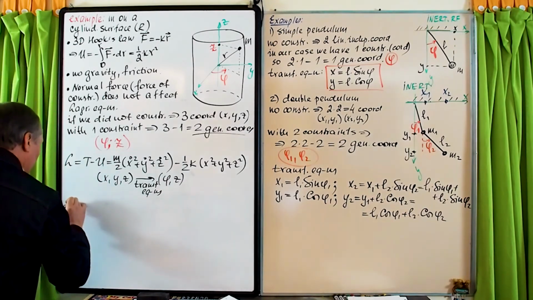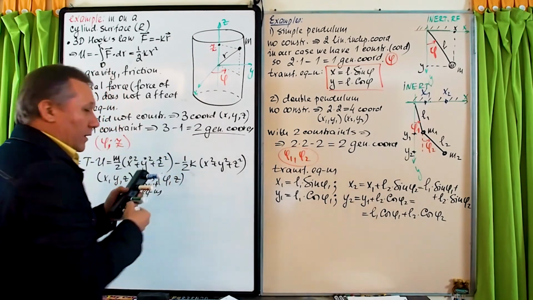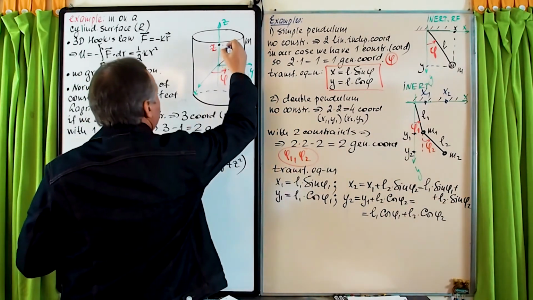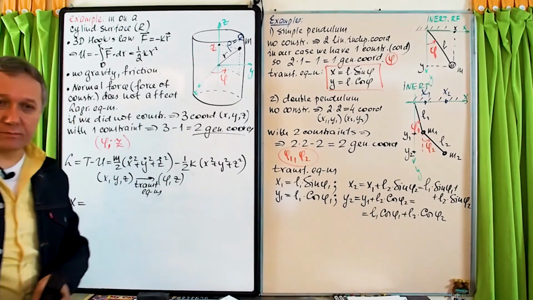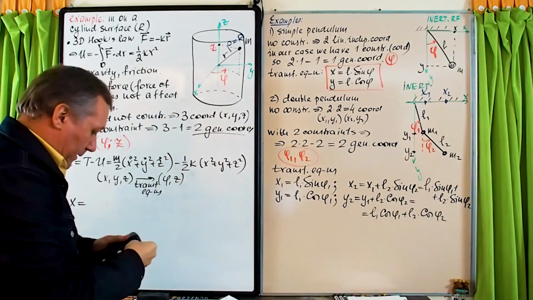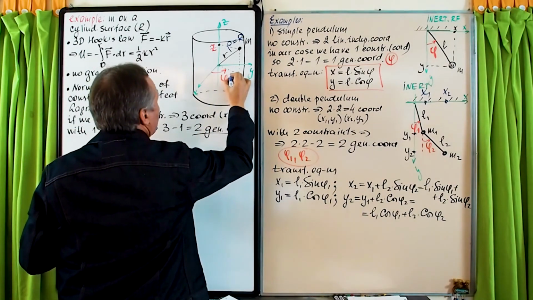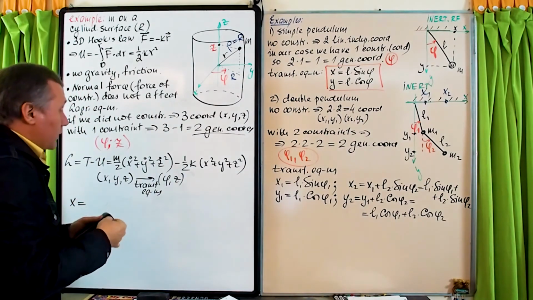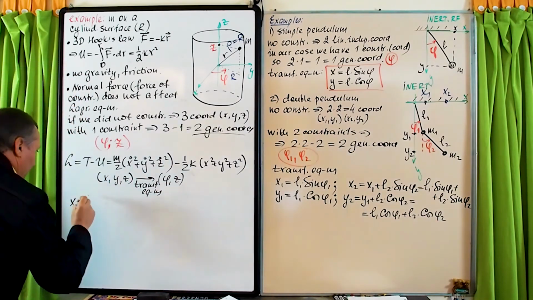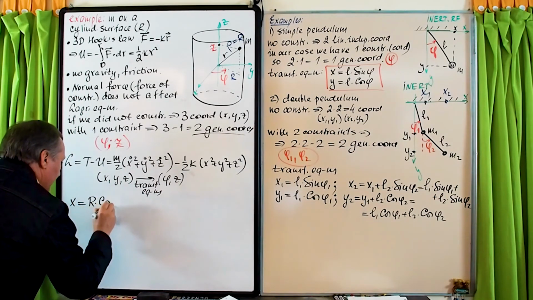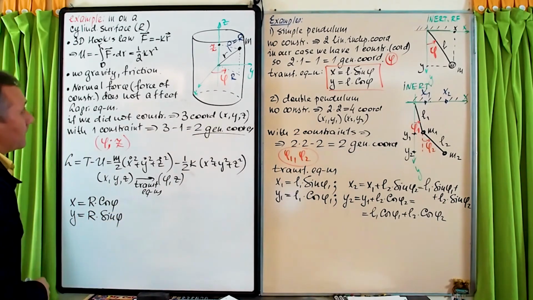So let's start with x. Okay, let me introduce rho. This distance is rho, and of course, that distance rho equals capital R, which is given, right? So as a result, this distance is also R. So x will be equal to R times cosine phi, capital R times cosine phi, and y equals capital R times sine phi, right?